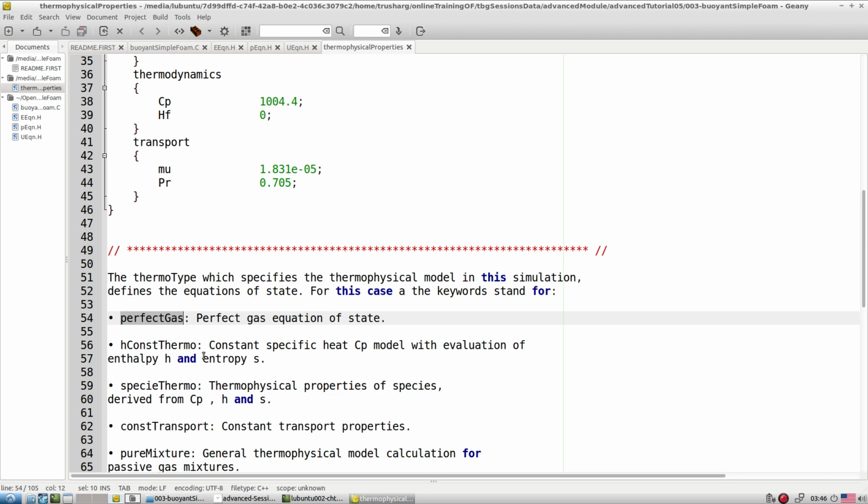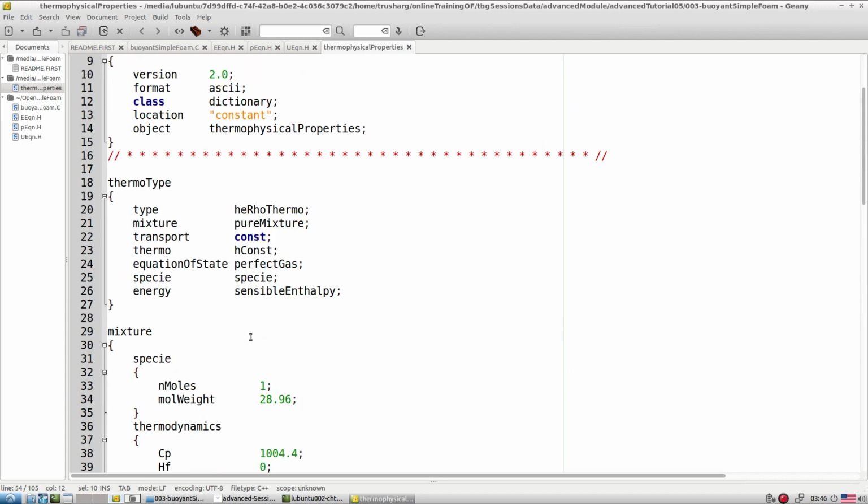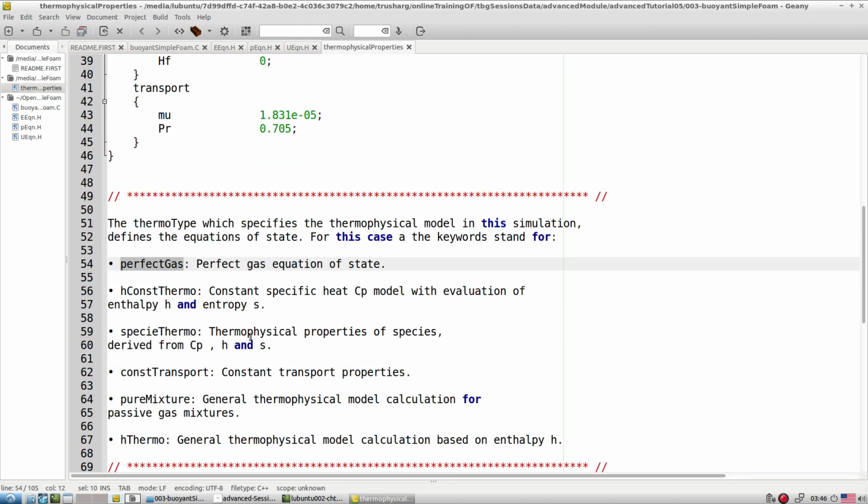So we know the perfect gas equation is going to set hConstThermo. What hConstThermo does is look at the constant specific heat Cp model with evaluation of enthalpy H and entropy.